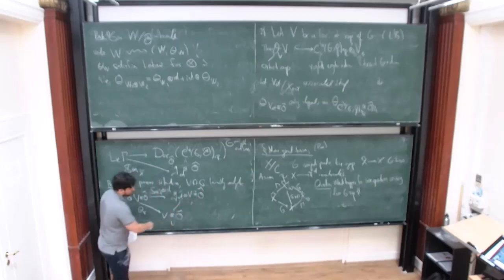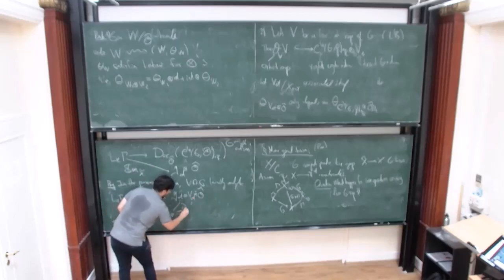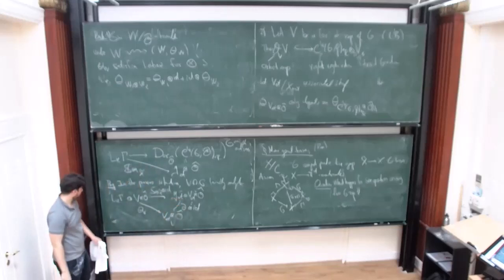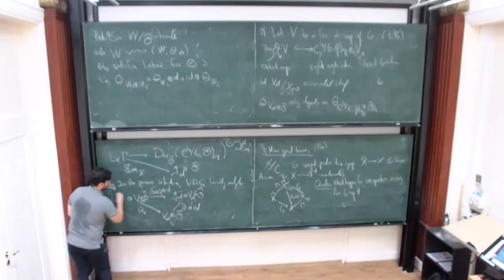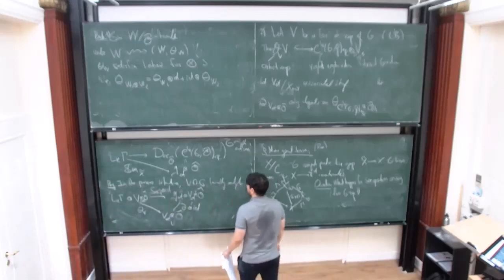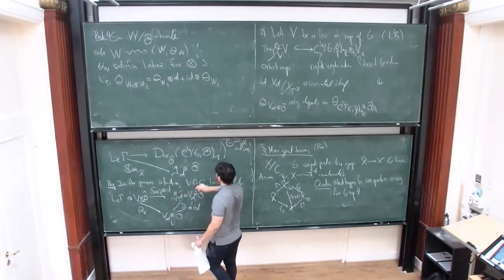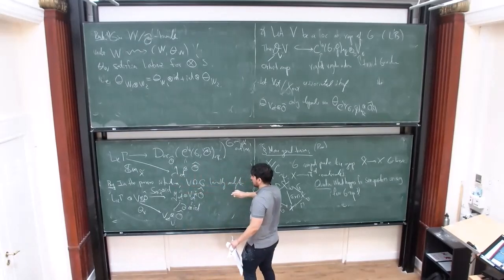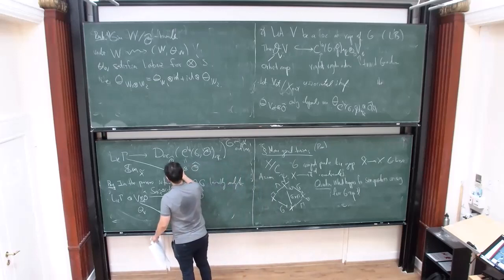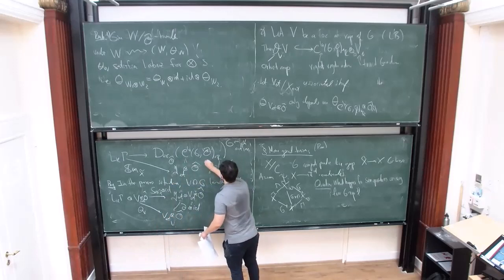Then we have here just the derivations along the map of G tensor P towards P. The algebra.